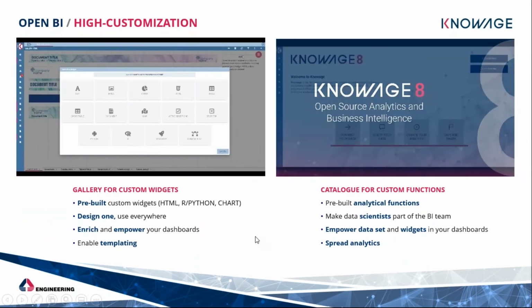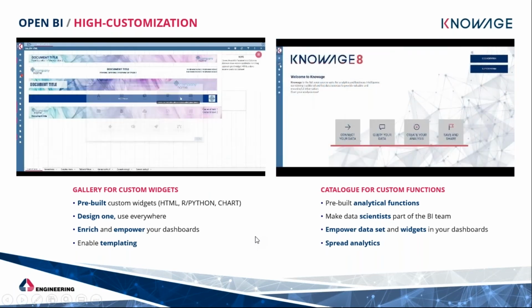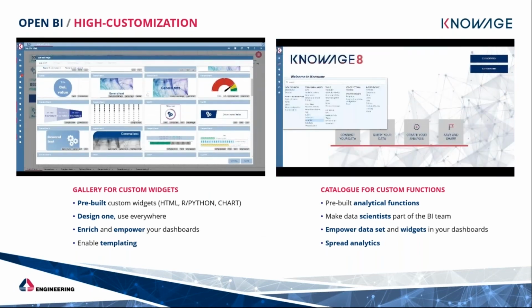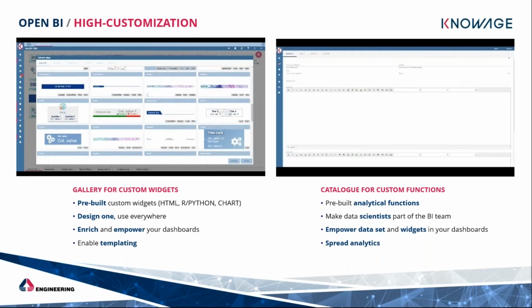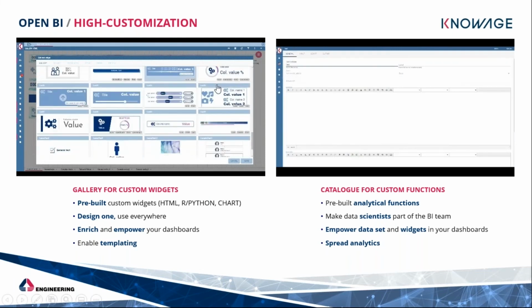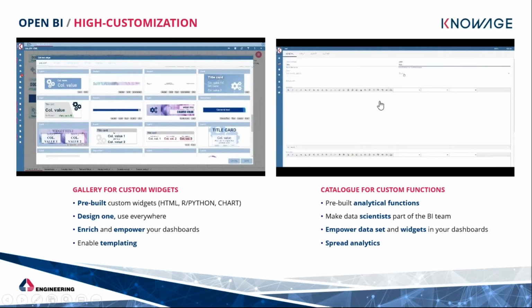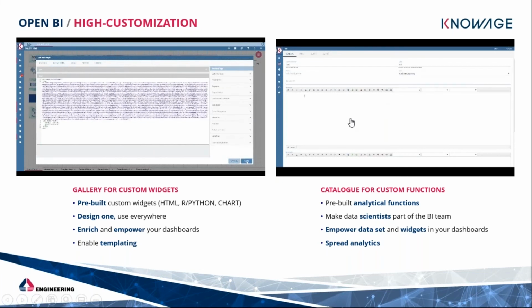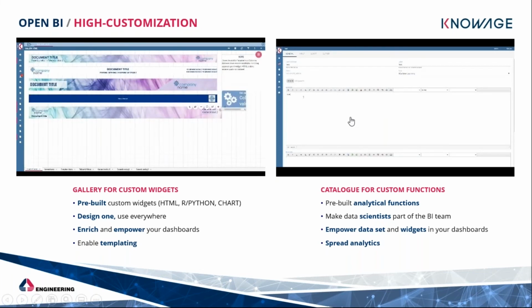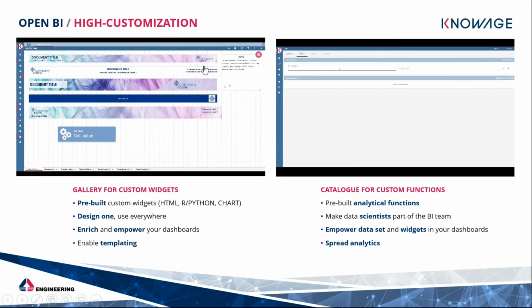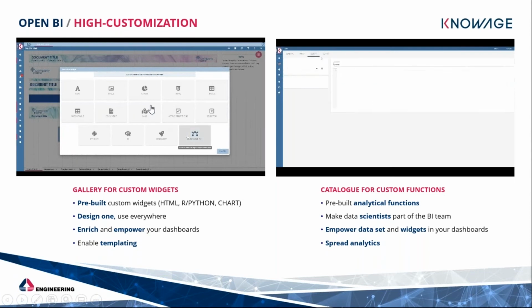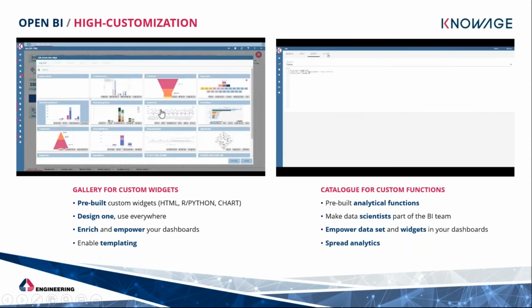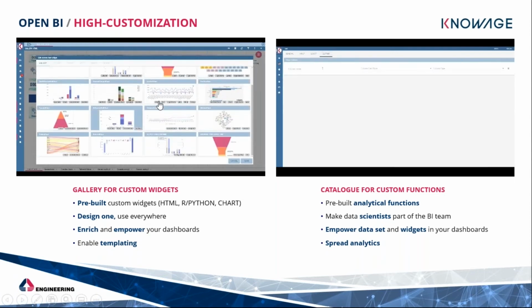Moreover, every time you build a custom widget or a custom function, you can save them in a gallery here or in a catalog here to make them available again to other users and for other dashboards and purposes. With the gallery here on the left, you can transform any custom code you write into a kind of template you can use again and again in the future.